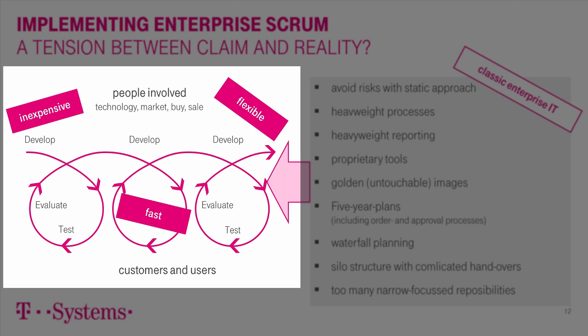The idea of Scrum and Agile methods is to be quick, to be fast, to be flexible. And this is actually a very inexpensive approach, since after a short bit of developing new software, it gets tested, it gets evaluated, and it is actually a step forward. You pass on to the next iteration, and so on and so on. And if not, you just make another round and adapt the way you're heading.